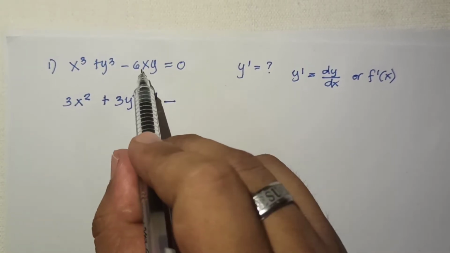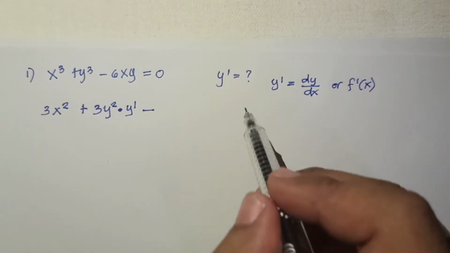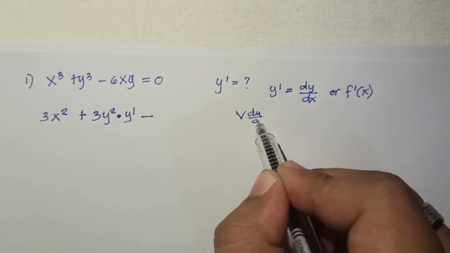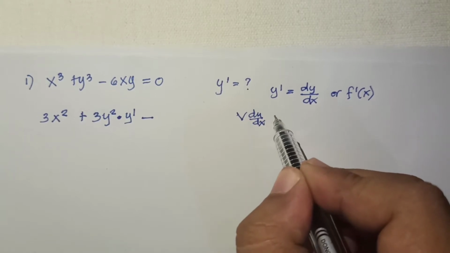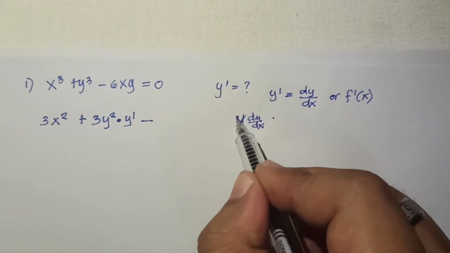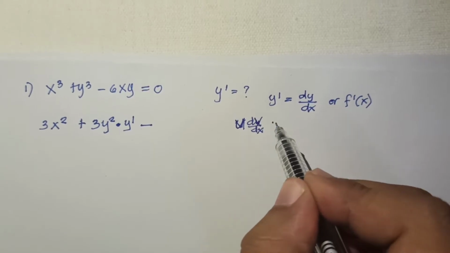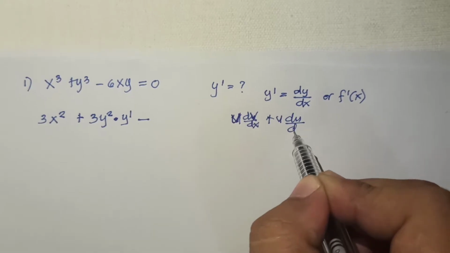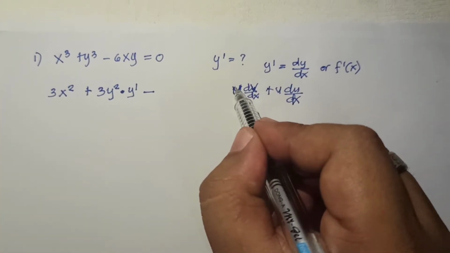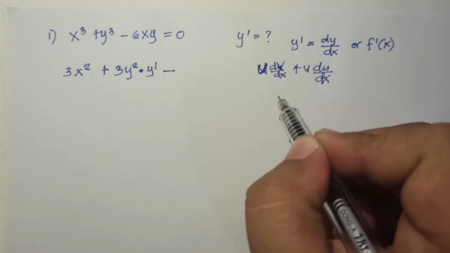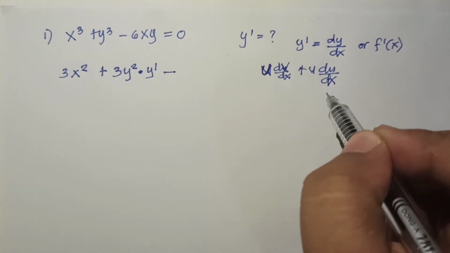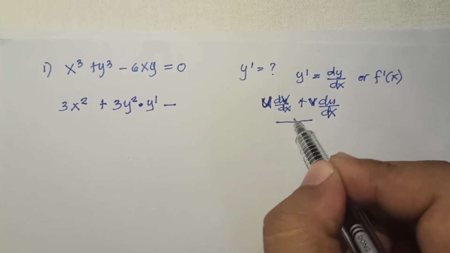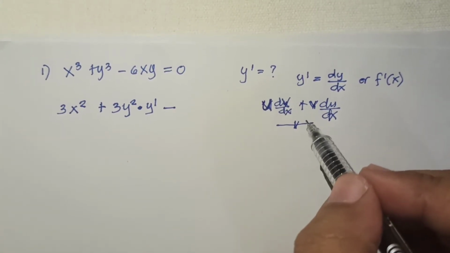Minus, since this is a product, we will use the rule: u dv over dx plus v du over dx. So this is the product rule.